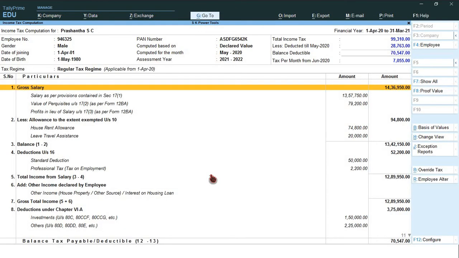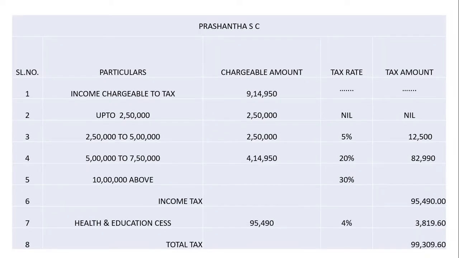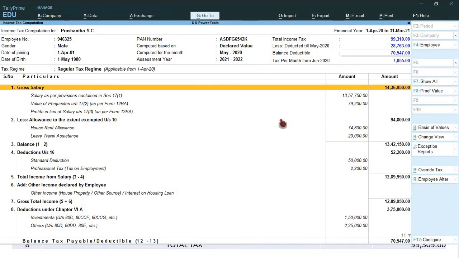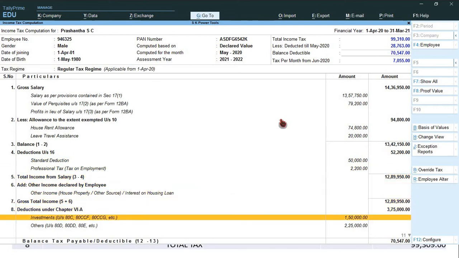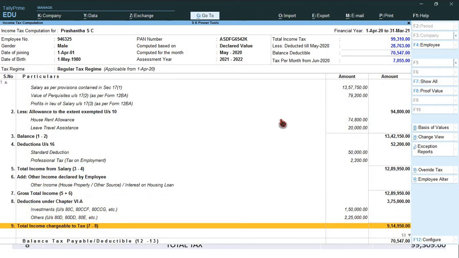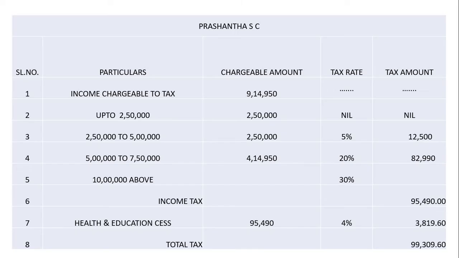Prashant. So Prashant's chargeable income is 9,14,950. Up to 2,50,000 nil. 2,50,000 to 5 lakh, the difference is 2,50,000, that is 5%, 12,500.